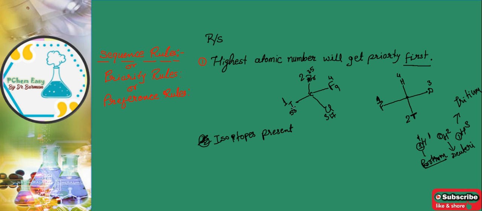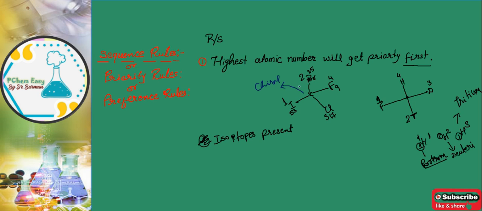As you can see here, this is the chiral carbon because it has four different groups. Here it is bonded with iodine by a single bond, and here chlorine, bromine, fluorine. What are the atomic numbers of these? Iodine 53, bromine 35, chlorine 17, fluorine 9.